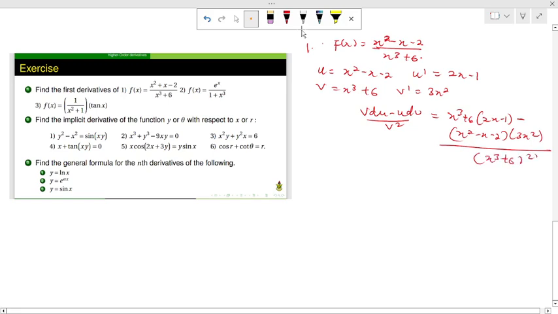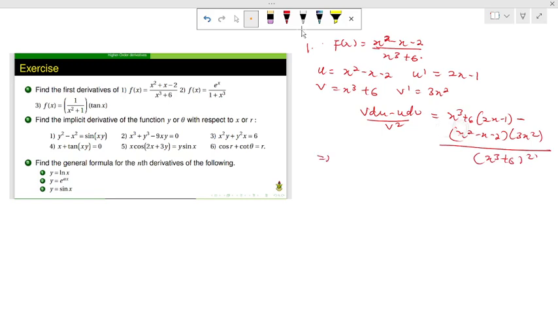Let me simplify what I have here. Let me rewrite it so that I see it clearly: x cubed plus 6 times 2x minus 1, minus x squared minus x minus 2 times 3x squared, all over x cubed plus 6 all squared.